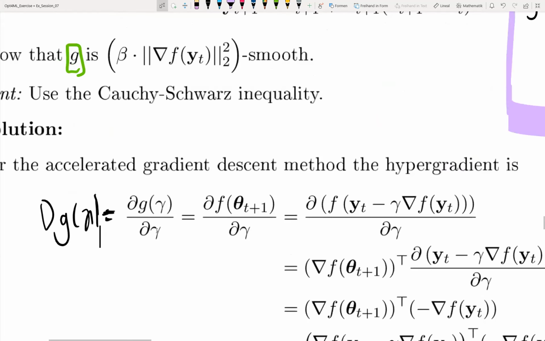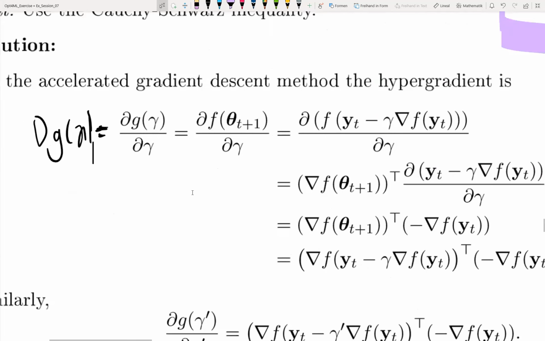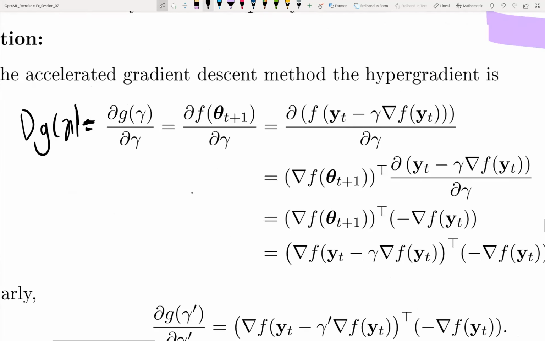All right, then simply recalling what we had, the g, by definition, is f of theta t plus 1. This is for short. We are looking at the accelerated gradient descent.